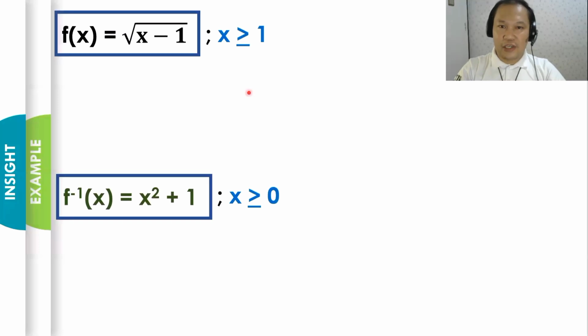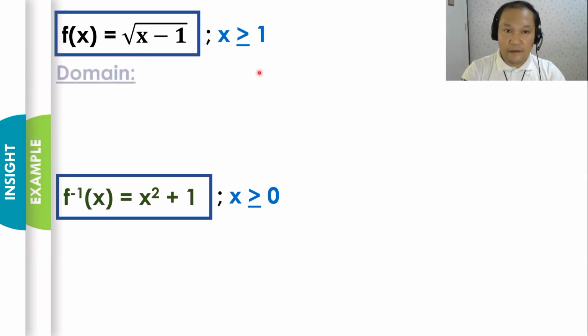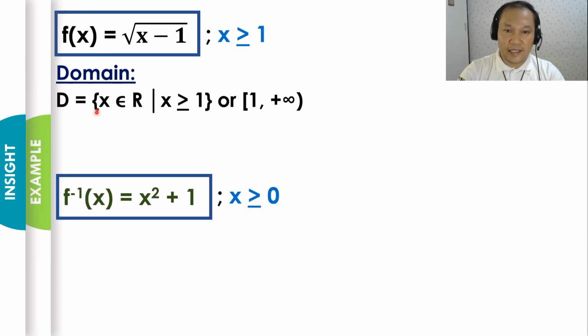Since we have a restriction for our x, which is x is greater than or equal to 1, for the given function f of x is equal to the square root of x minus 1, our domain will be x is an element of the real numbers such that x is greater than or equal to 1, or we can use the notation bracket 1 up to positive infinity. We use the bracket because 1 is included in our values for x.